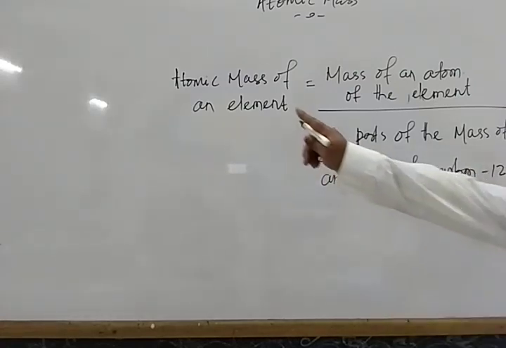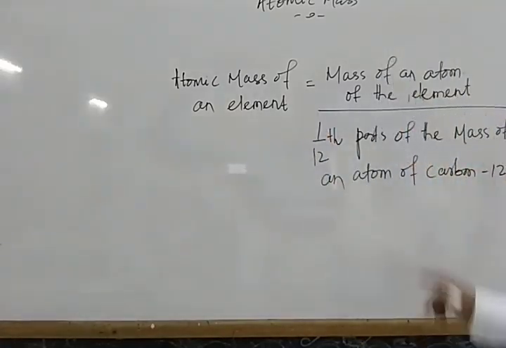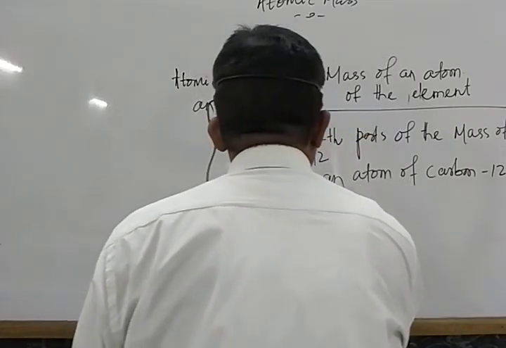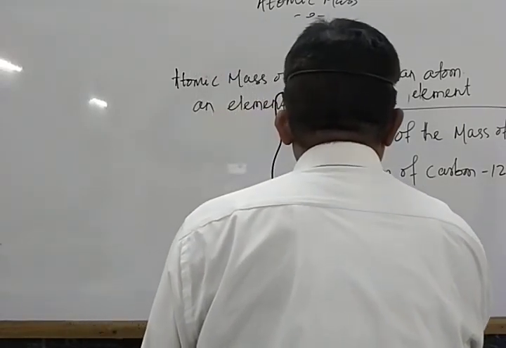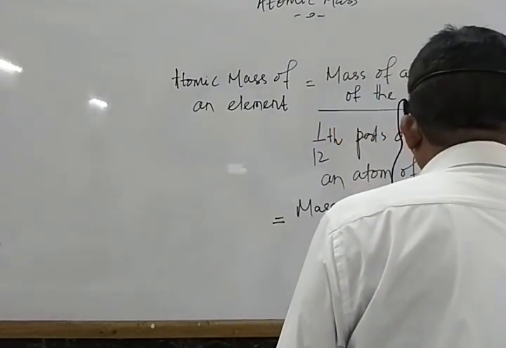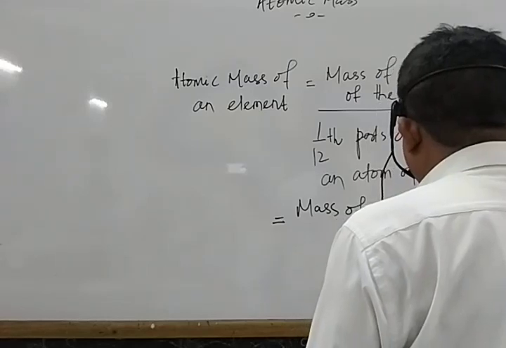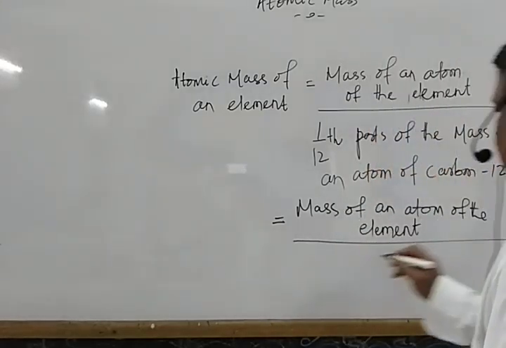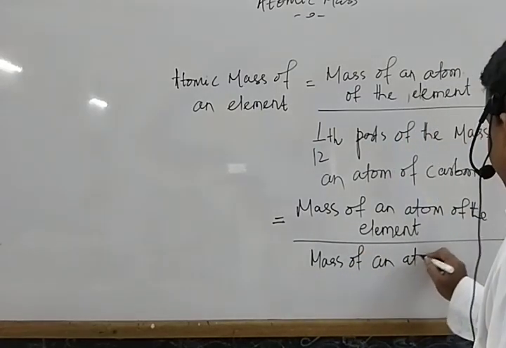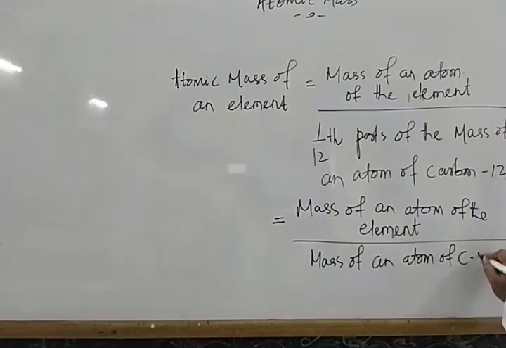Mark that. That is, atomic mass of an element is equal to mass of an atom of the element divided by 1 by 12 parts of the mass of an atom taken as 12. In other words, atomic mass of an element is equal to mass of an atom of the element divided by mass of an atom of carbon taken as 12 into 12.